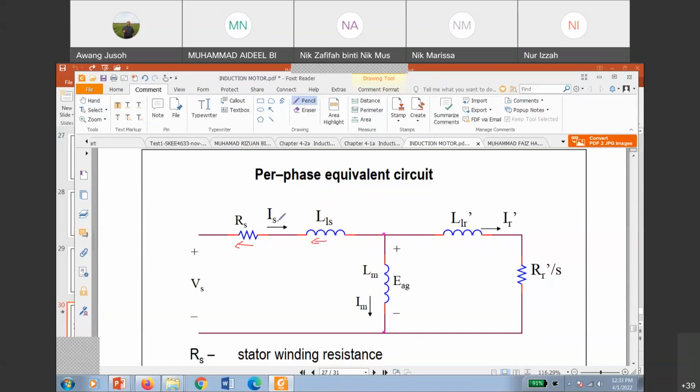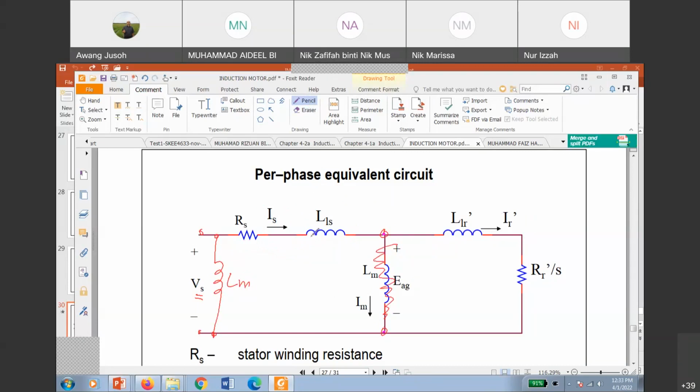When this drop is neglected, that means EAG equals VS. If the drop is very small, we can say that the voltage EAG equals this voltage. That means you can bring this inductor here. Instead of here, we put the LM here now. That is what we call the approximate circuit. We only approximate, and the result is very close to the original one. This one we remove.